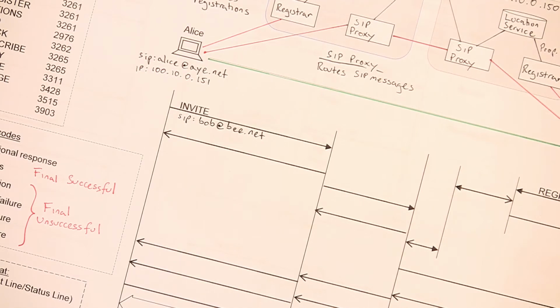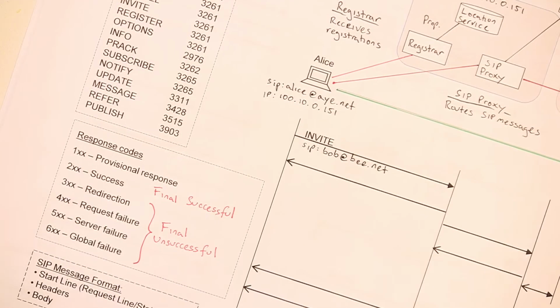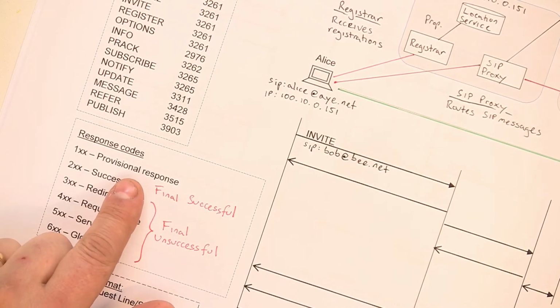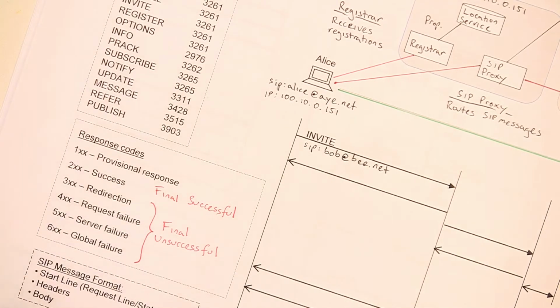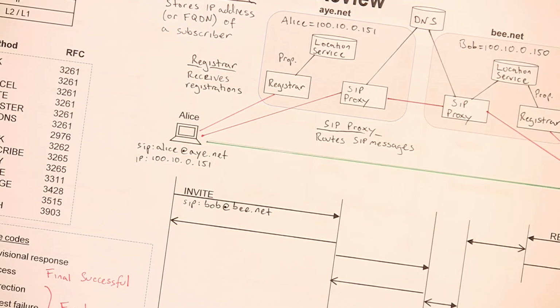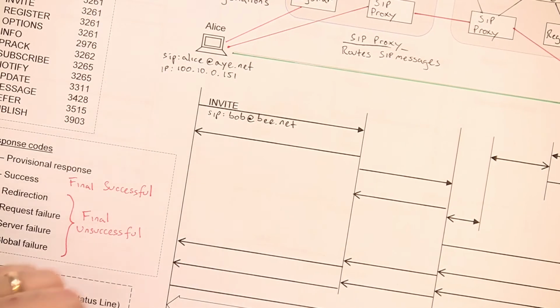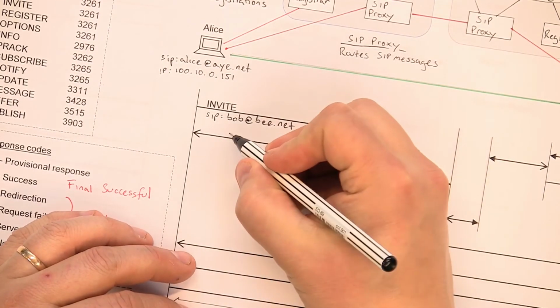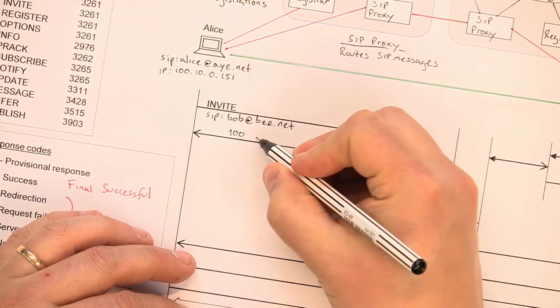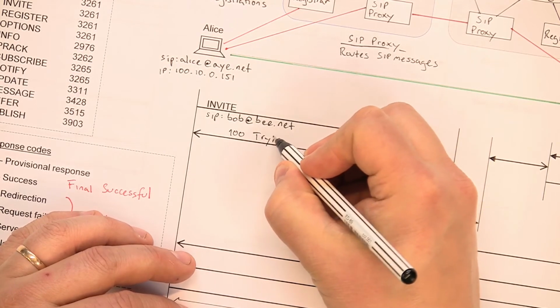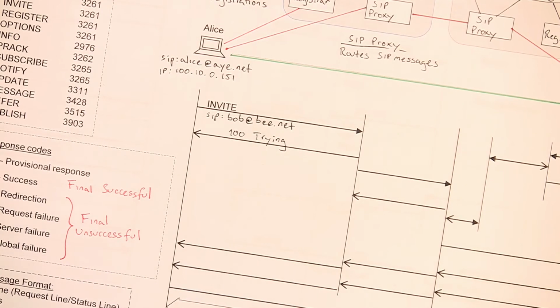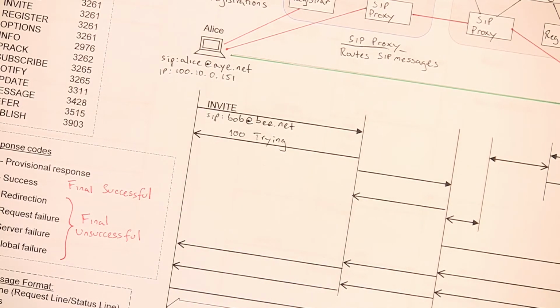The next thing that happens is a provisional response. Do you remember the provisional responses down here? They were sent not as a final response, just to give some information while we're working on things. So the provisional response that's sent here is 100 trying. 100 trying means I got your message, you don't need to retransmit.